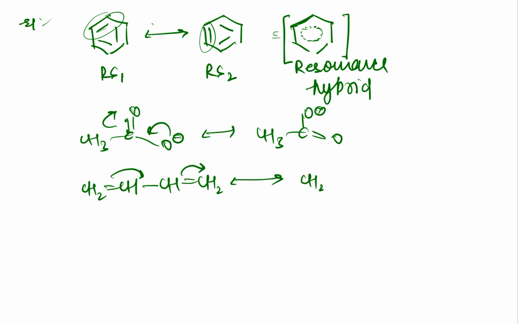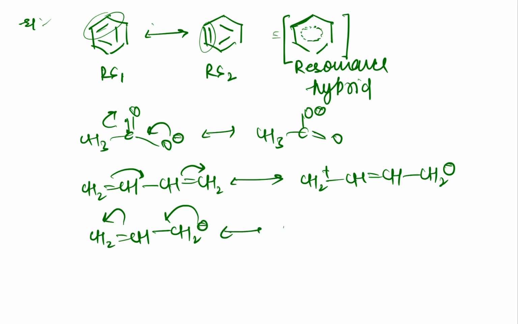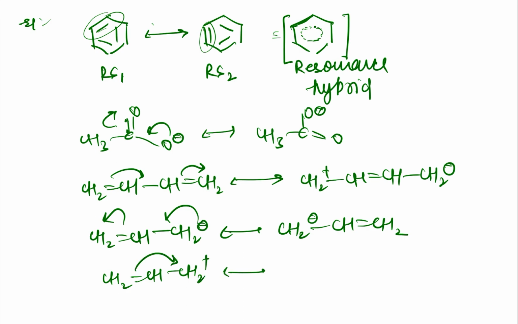So now CH2 positive CH double bond CH2 negative. Now there are some more resonating structures like CH2 double bond CH CH2 negative charge, which will shift over here. CH2 negative CH double bond CH2, and again CH2 double bond CH and CH2 positive. So it will shift over here and form CH2 positive CH double bond CH2. So these all are the resonating structures.